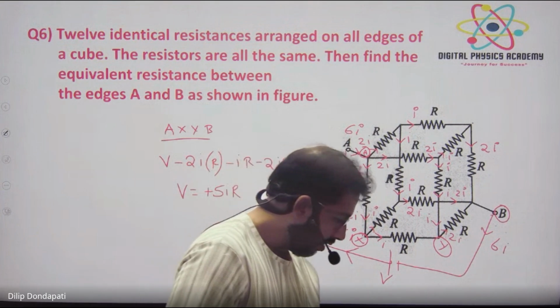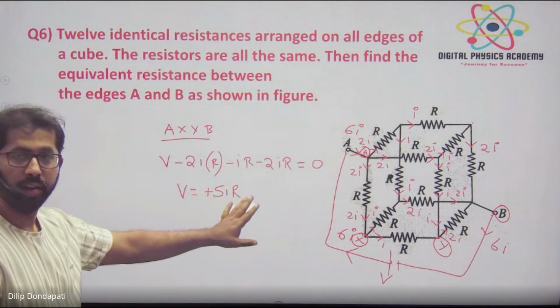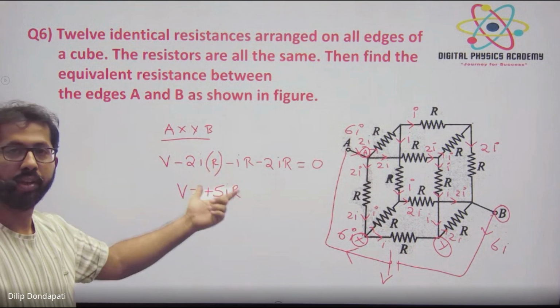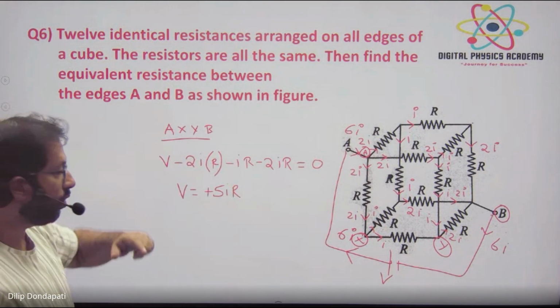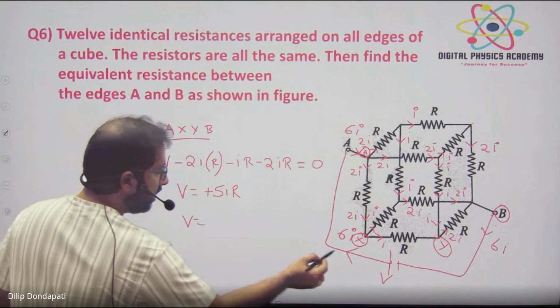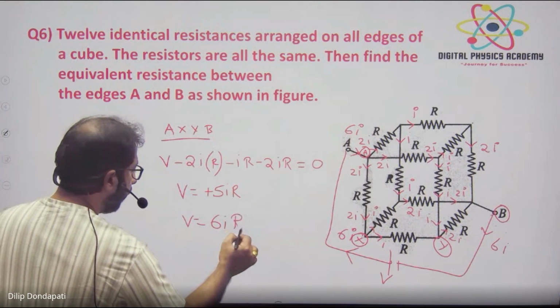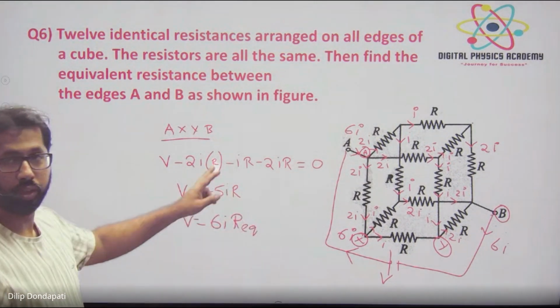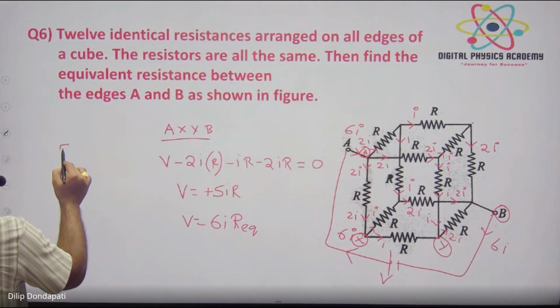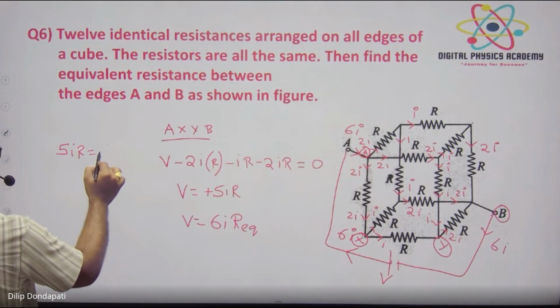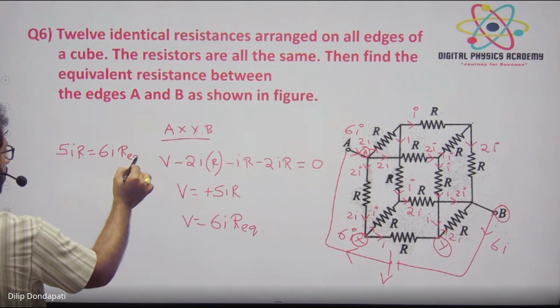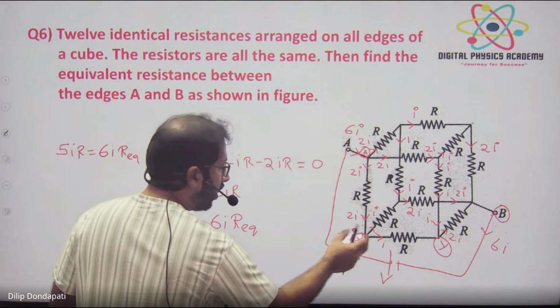Okay, now this one has come. What is the last step? We have to equate this, V equals how much? Here I is how much? I is the total current, right? 6I into R equivalent. Equate these two and find R equivalent. 5IR is equal to 6I R equivalent, because I told you at last V equals I into R equivalent, and here I is 6I.